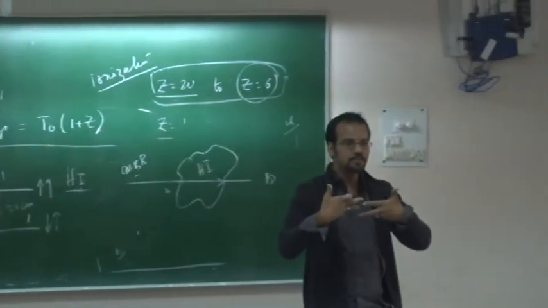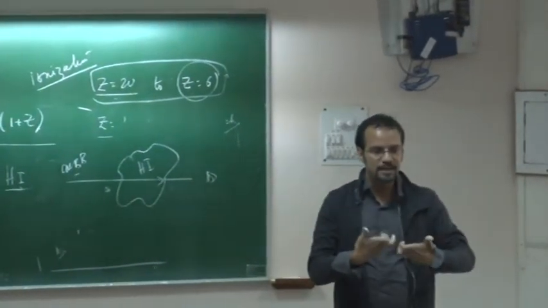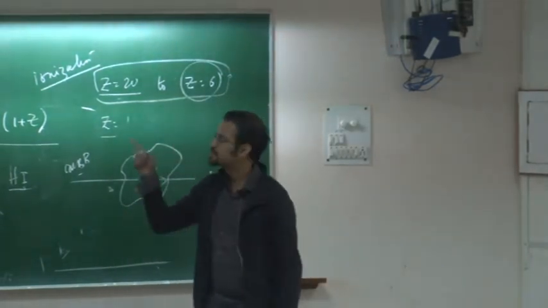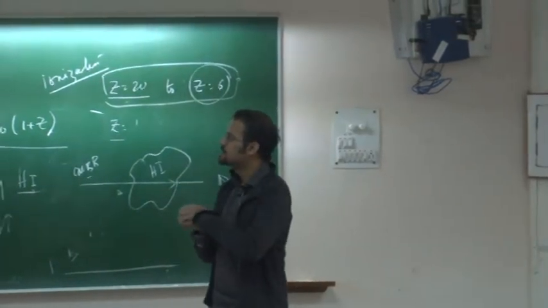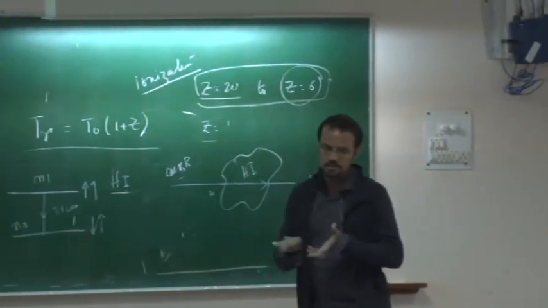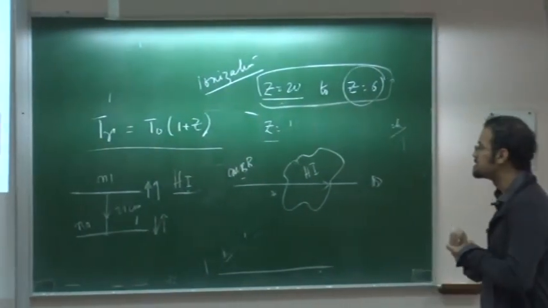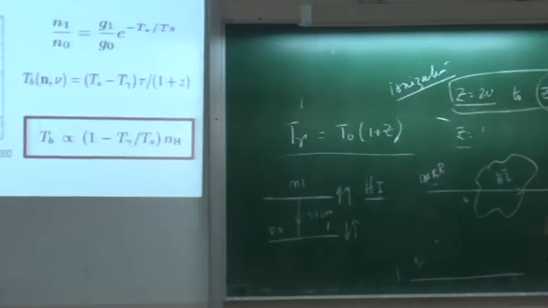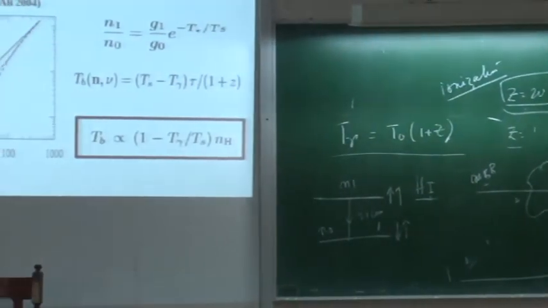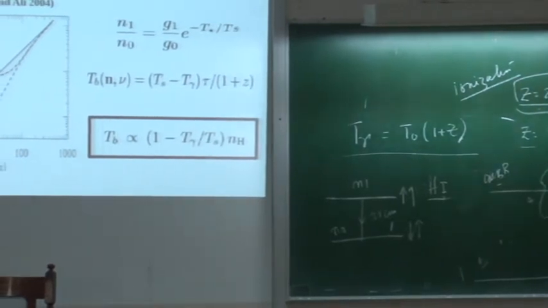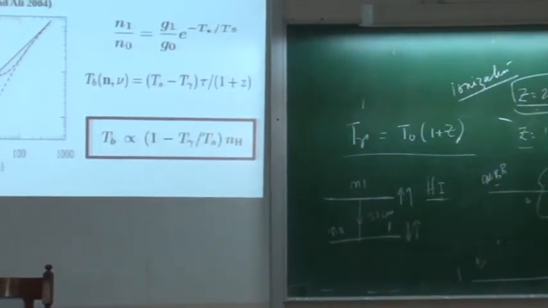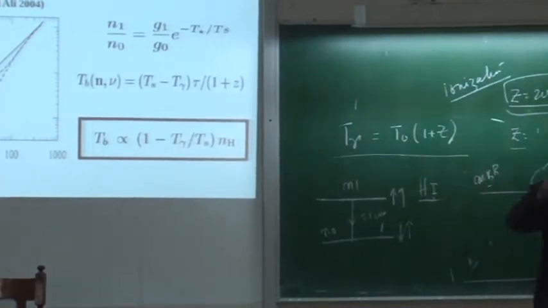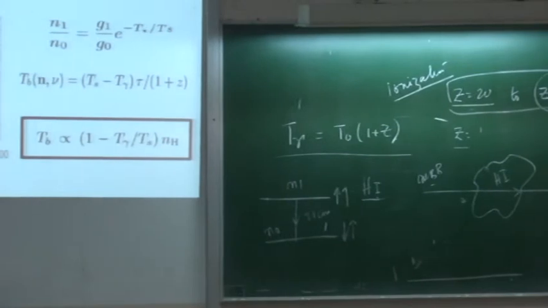The equilibrium between these two states would be governed by a temperature called the spin temperature. So n1 by n0 is g1 by g0 times an exponential, where g1 and g0 are the degeneracies of the two levels. One is a triplet state, one is a singlet state, and T star is the energy corresponding to the frequency of 1420 megahertz, which is h times that, divided by k. And then it's the Ts which dictates which population would be higher. Would it be n1 or n0?